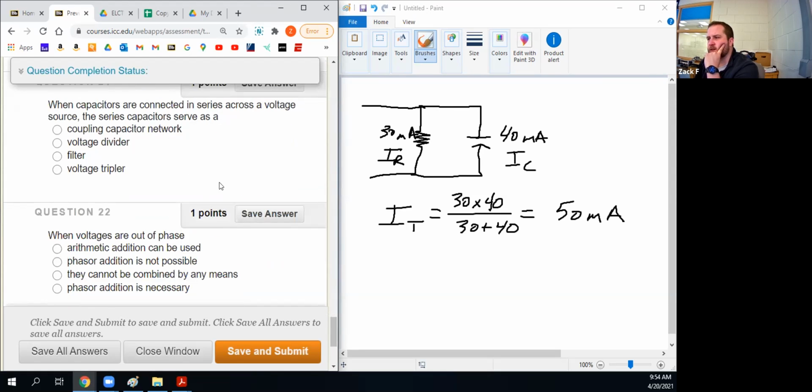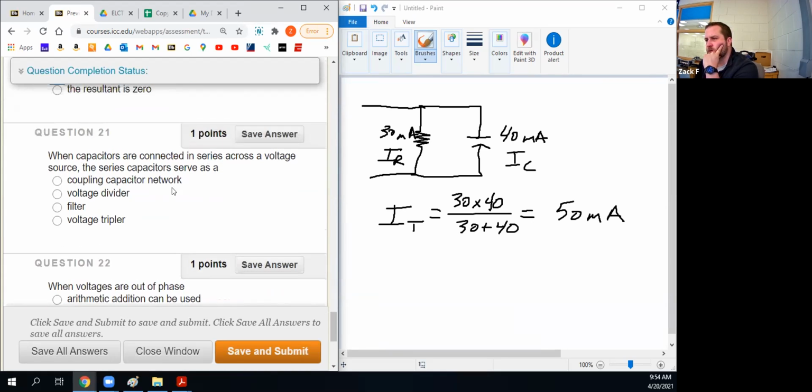When capacitors are connected in series across a voltage source, the series capacitors serve as a coupling capacitor network, voltage divider, filter, or voltage tripler. Yeah, a voltage divider.